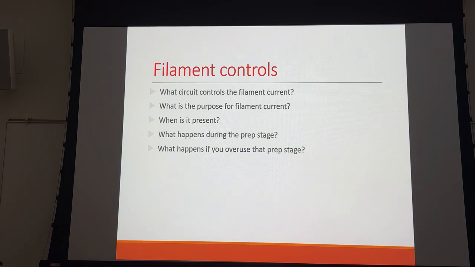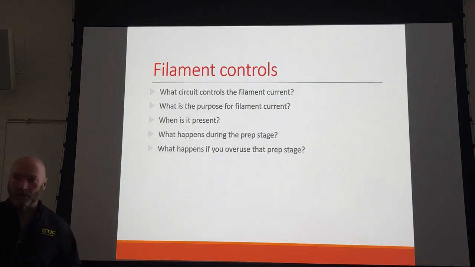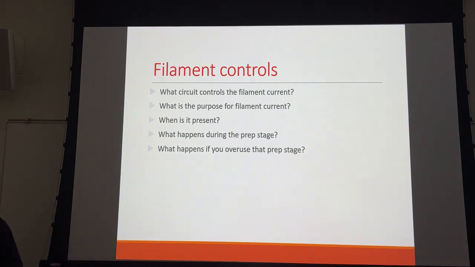So when you push the prep button, it increases. But what do we get when we hit the prep button? We get rotation of the anode, but specifically in the cathode, we get thermionic emissions. Thermionic means hot ions, electrons boiling off, right?